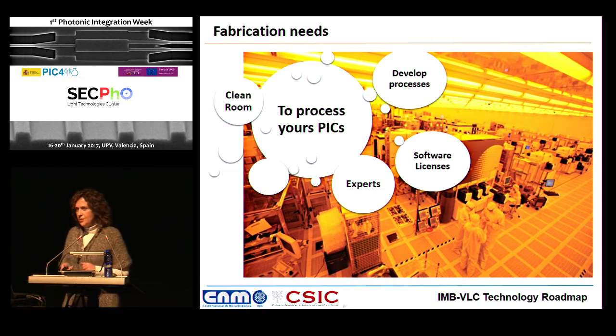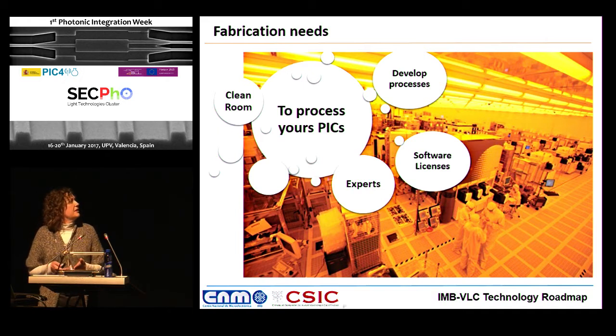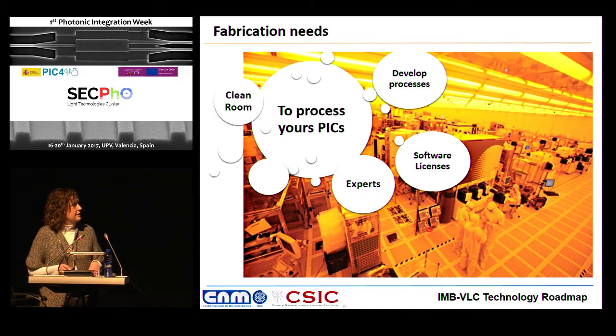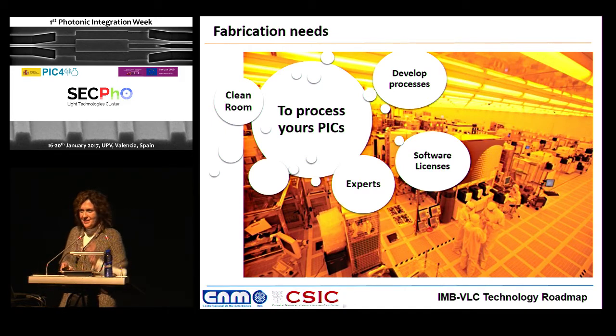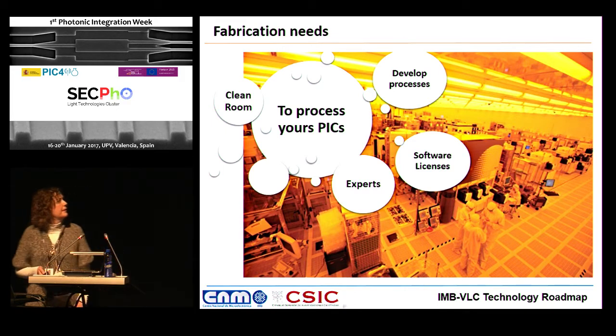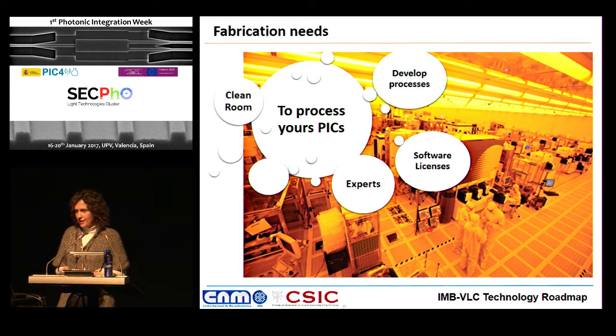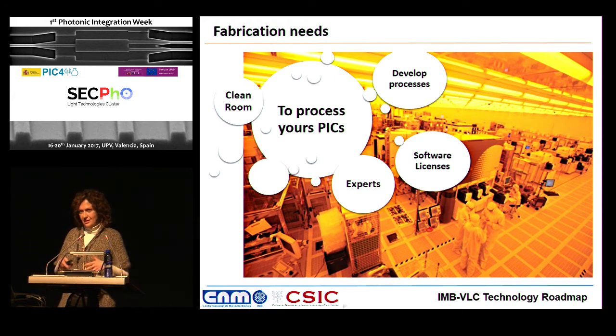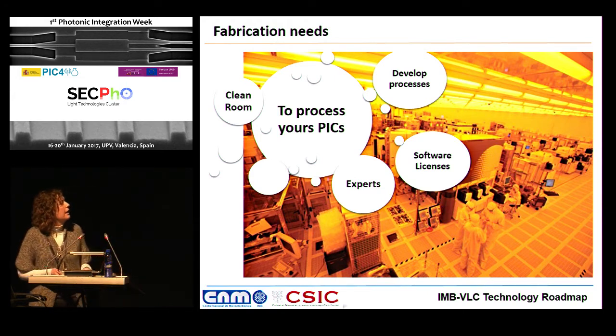For these processes, we need expert personnel: engineers and well-trained personnel doing the tests, and also the fabrication. And you also need software to make your design with the characteristics that you want. Sometimes this software also has licensing that you have to get.